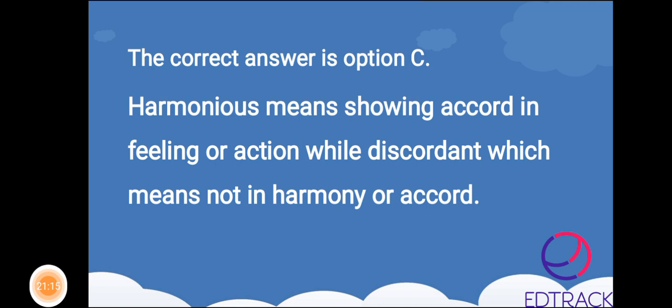Harmonious means showing accord in feeling or action, like a kind of unity, having the same idea, moving in the same direction, being united. While discordant means not in harmony, not being united, having different opinions and views, not being in accord.